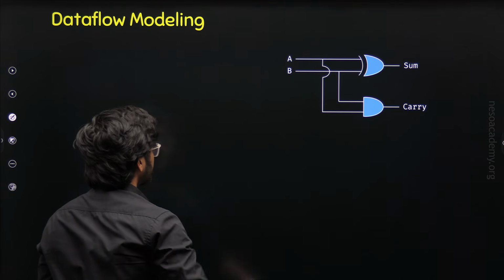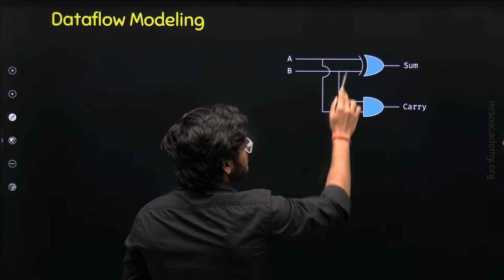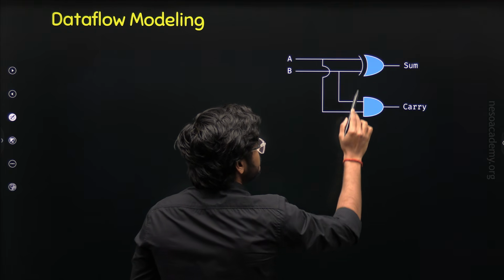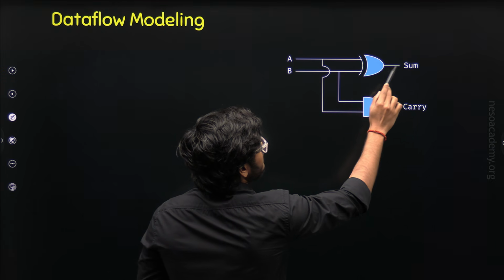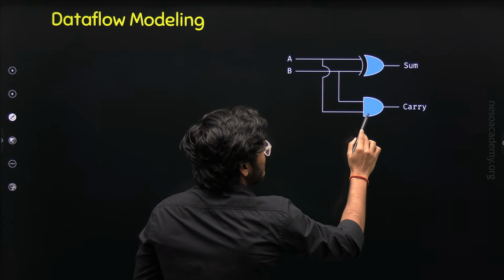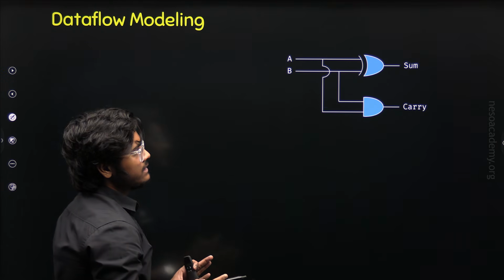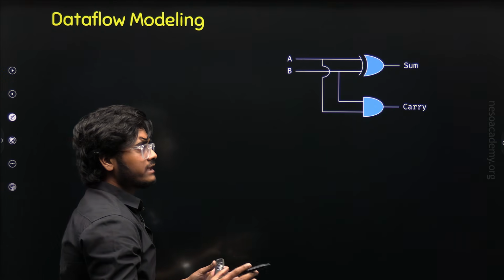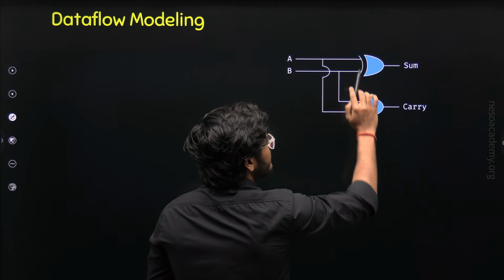Inputs A and B are moving through the logic gates, XOR gate and AND gate. The XOR gate is generating output sum and the AND gate is generating output carry. So here we can see the flow of data from inputs to the outputs via the logic gates.